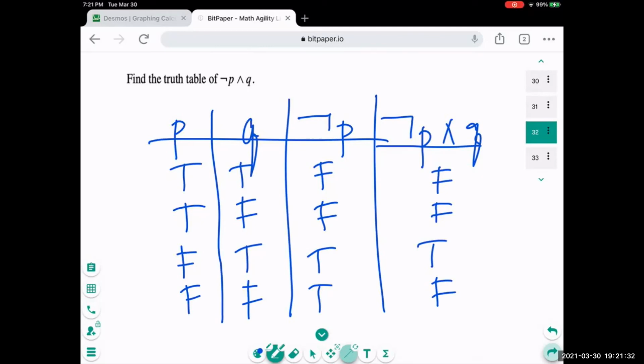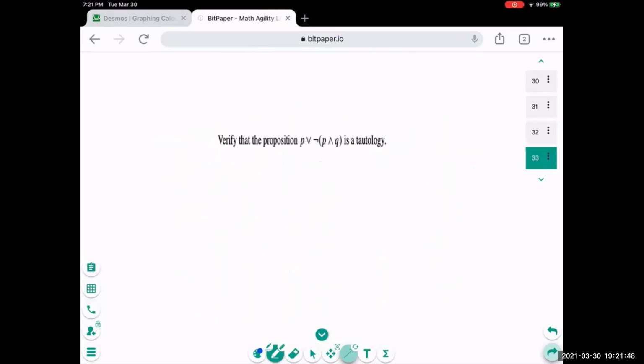So okay, that is okay. Yan yung construction ng ating truth table. Okay, let's go to the next exercise. Okay, so the question is, let me try to move this.